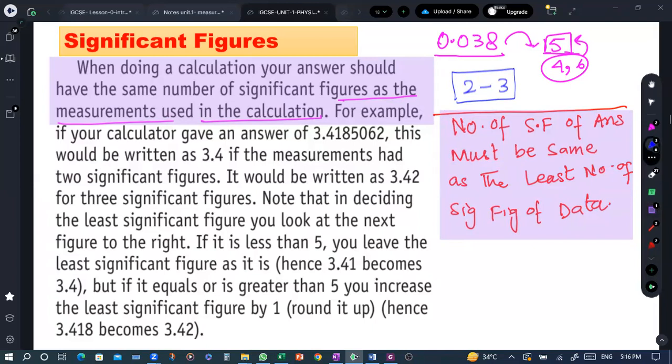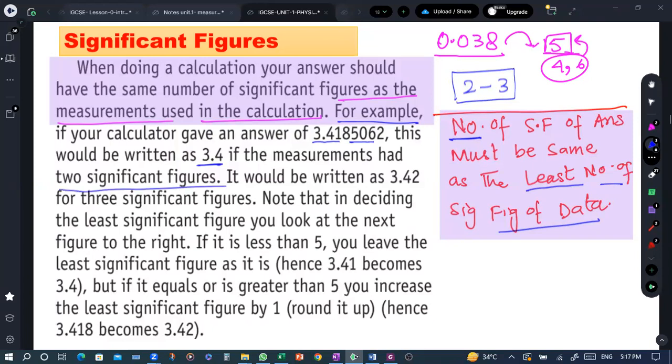So I told you how many significant figures are appropriate in the answer. That must be equal to the least number of significant figures in your data. For example, if you have calculated the answer to be 3.418485062, this would be written as 3.4 if the measurement had 2 significant figures.